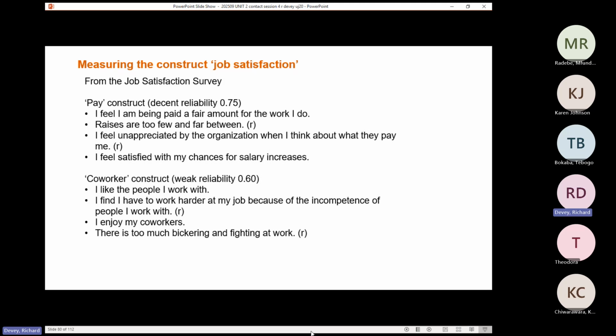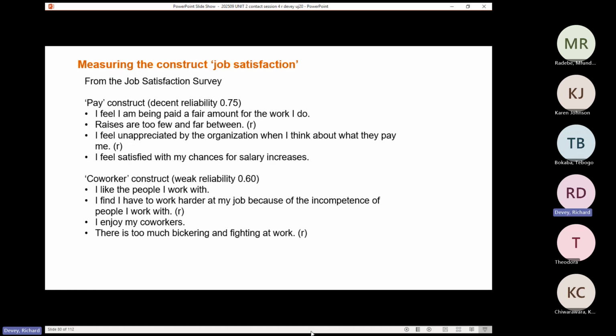If we look at the co-worker construct, which has a weak reliability, 0.6: I like the people I work with. I find I have to work harder at my job because of the incompetence of people I work with. I enjoy my co-workers. There is too much bickering and fighting at work.